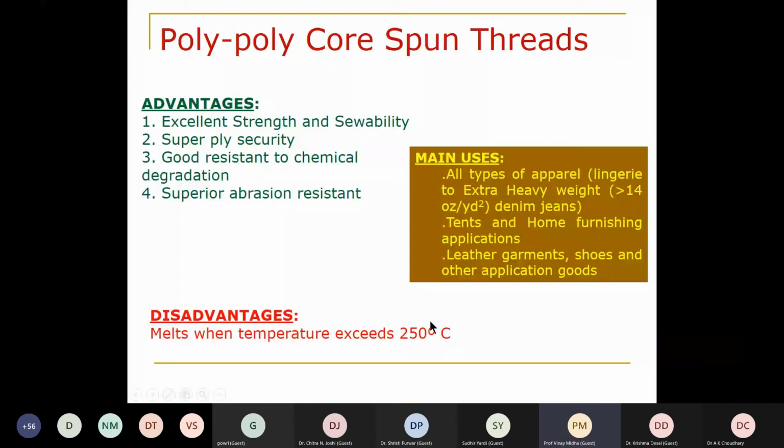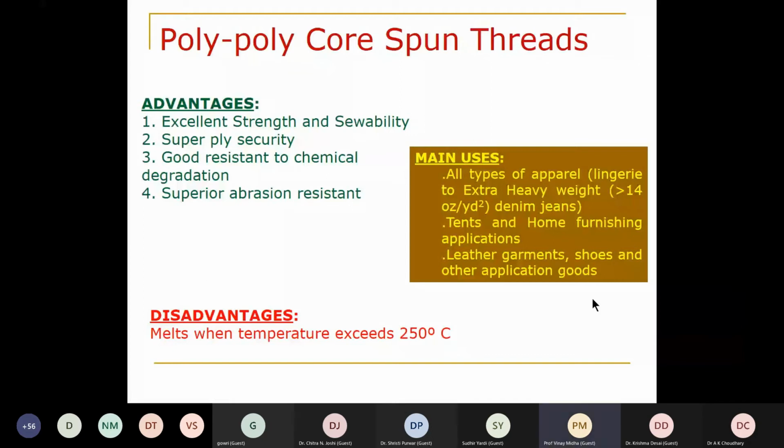Otherwise, they are equally good as the polyester cotton threads. Then the main applications are all types of apparel, tents and home furnishings, leather garments, shoes, and other applications. In all these cases, we can use the polyester core spun threads.